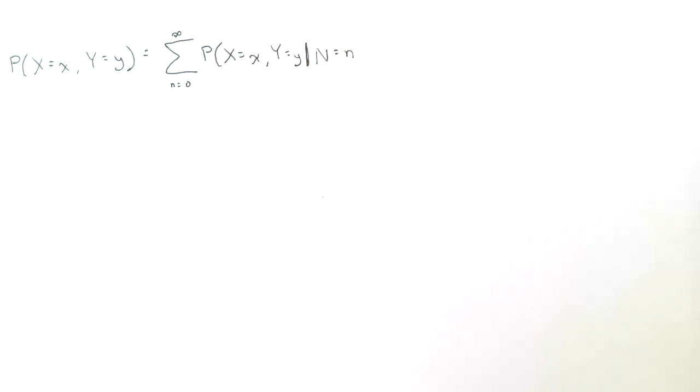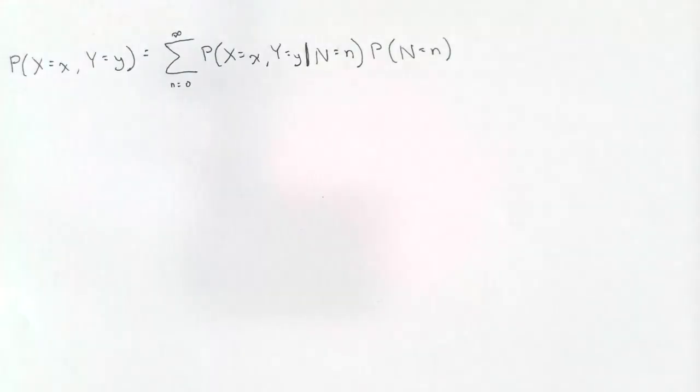So what we're looking at here is just a sum from n equals 0 to infinity of the conditional probability given that n equals my value n, 0, 1, 2, 3, 4, 5, all the way to infinity, times the probability that n equals my value, 0, 1, 2, 3, all the way up to infinity.